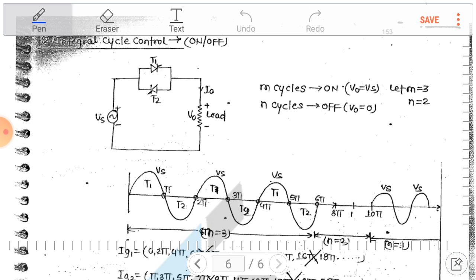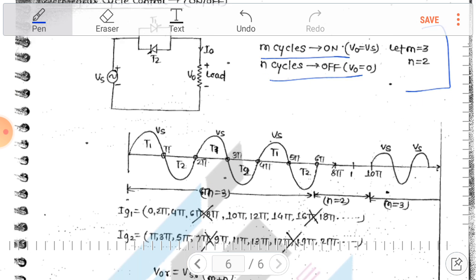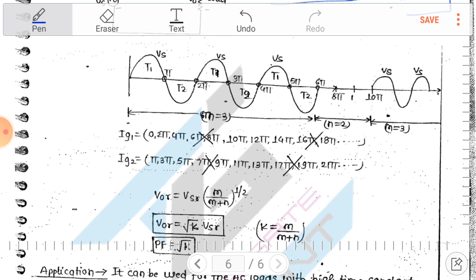So here assume that we are passing m cycles and then switching off n cycles. So there is a group of 5 cycles in which we pass only the first 3 cycles, and then we will switch off the 2 cycles, so 2 cycles will not appear at the load side, and this process is continued like this.